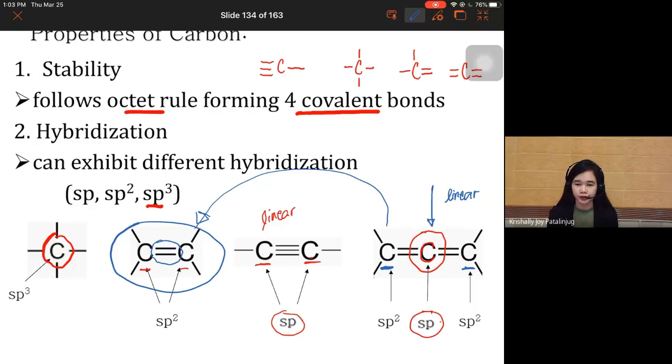If a central carbon atom carries one triple bond or a total of two double bonds, that is sp hybridization. So these first two properties of carbon were already discussed in our previous discussions in org chem.